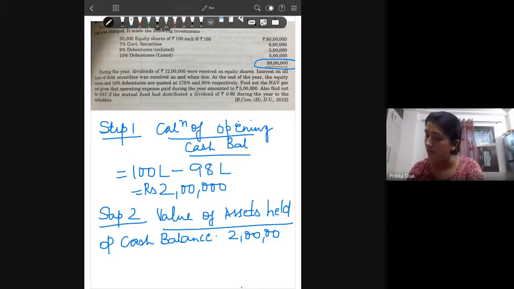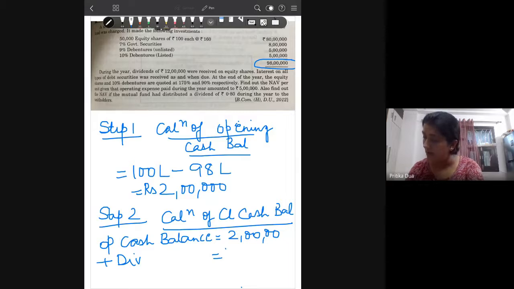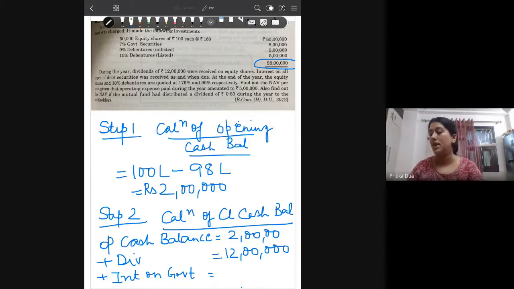You are receiving dividend, ₹12 lakh. And then you are receiving interest on all the debt securities. You are given three types of debt securities. So interest on government securities, 7% of ₹8 lakh would be 5,60,000.